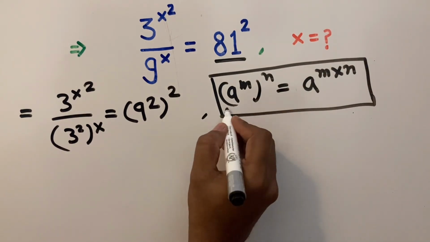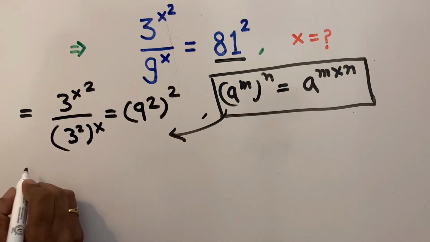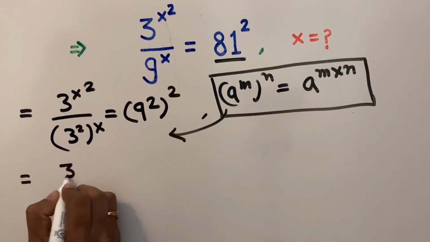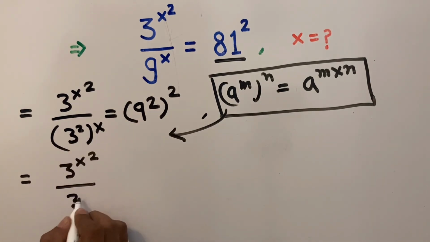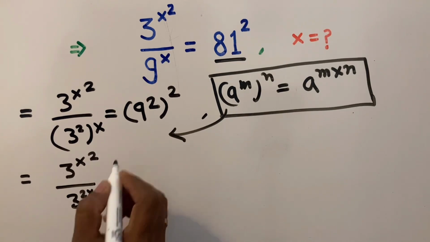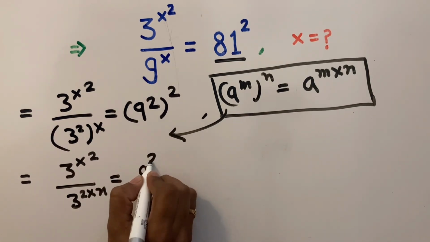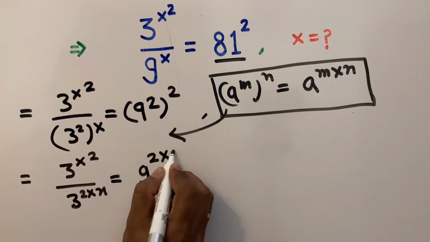By using this rule, this equation becomes 3 to the power x² divided by 3 to the power 2 times x equals 9 to the power 2 times 2.